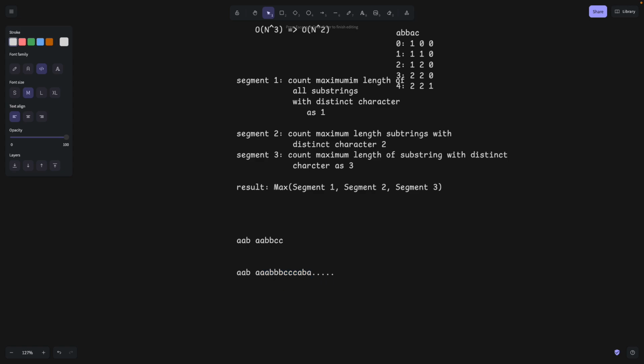Let's suppose that it is a balanced string, and the count of each character A, B, and C is X itself.